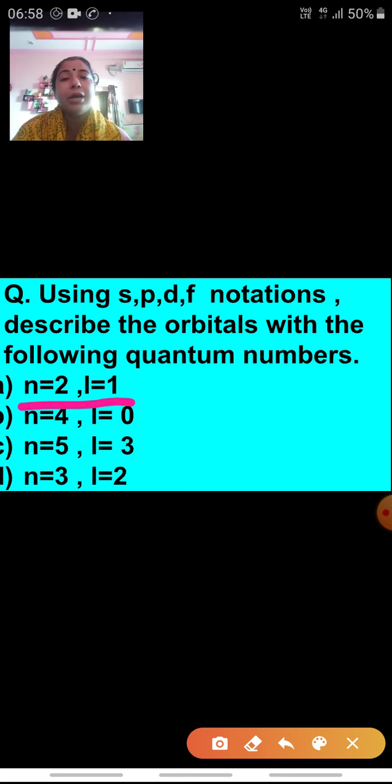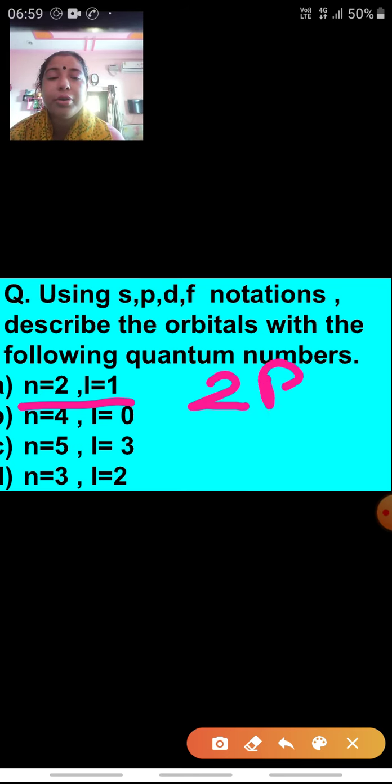Now L equal to 1 corresponds to what? Either s, p, d or f. Yes, it is p. So n equal to 2, L equal to 1 will correspond to 2p, because 0 corresponds to s, 1 corresponds to p. So it will be your 2p orbital.